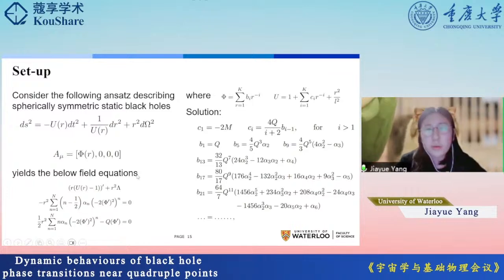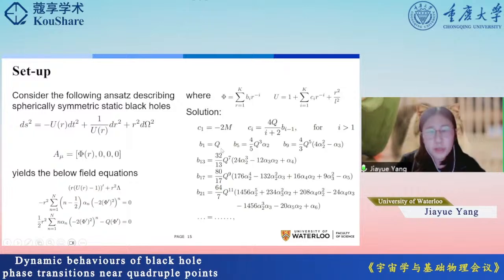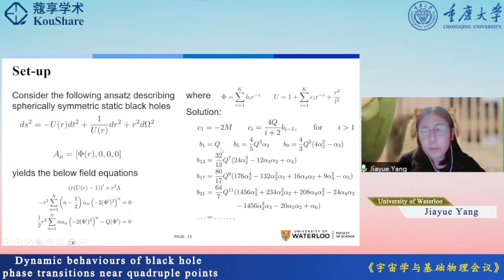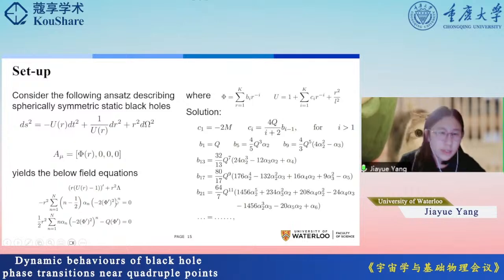So we get C1 is minus 2m, where m is the mass. And we also have C_i in terms of B_{i-1}, and Q is the integration constant, the charge. We also have B5, B9, and so on. So we get the coefficients of these field equations here.